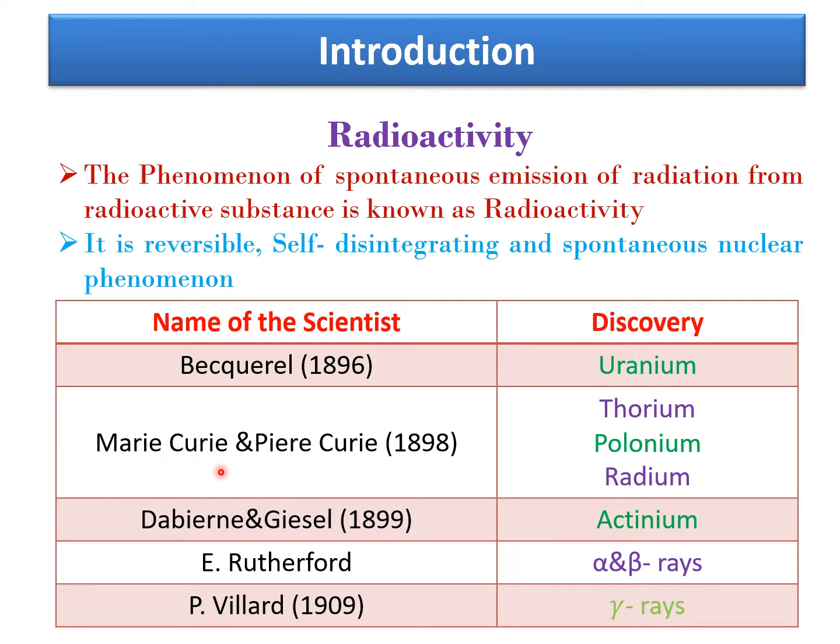They got the Nobel Prize for determination of the radioactive elements, the new elements. Marie Curie got another Nobel Prize, for chemistry, in 1911.